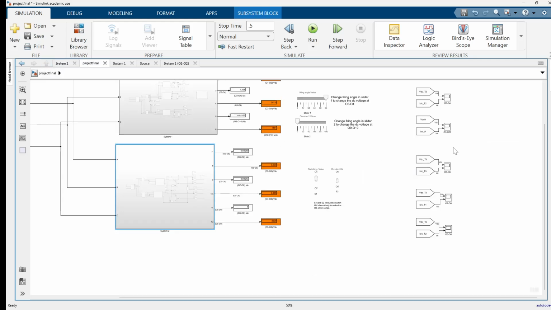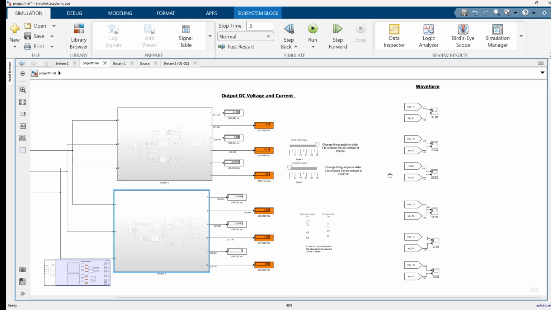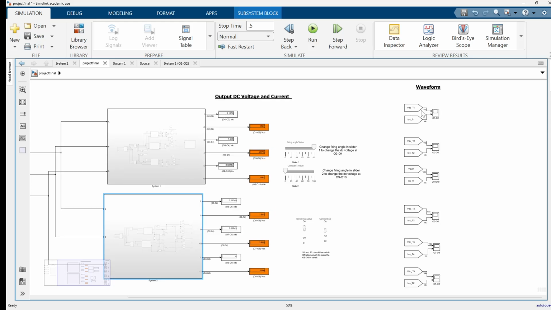The output waveforms are given here, where you have the DC voltage, average DC voltage, and average DC current at the output.